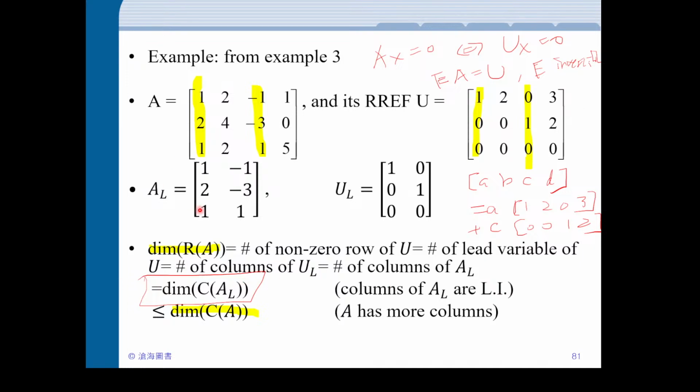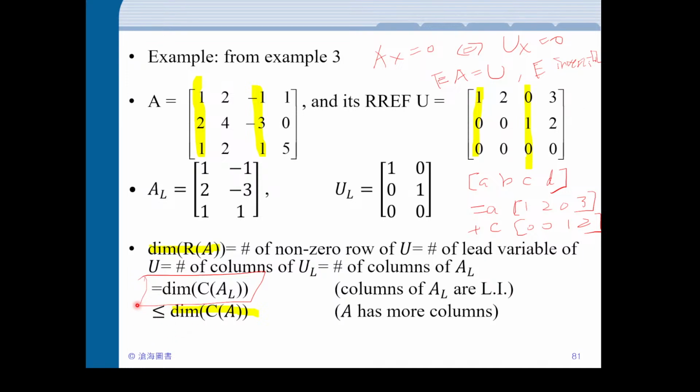We have that AL has independent columns. Okay, so we've spent a lot of time to say AL has independent columns. So those two columns will span the column space of AL. And then from here, finally we get our less or equal to direction.